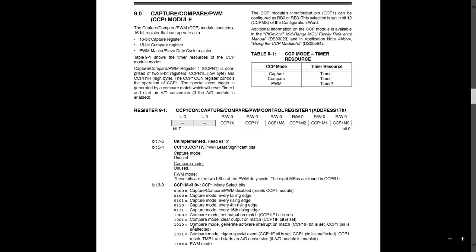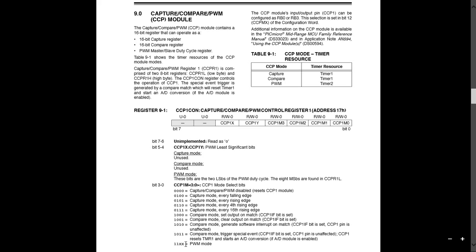Looking at the bottom of this CCP1CON, the control register for the capture, compare and PWM module, the bottom 4 bits from bit 3 down to bit 0: to put it into PWM mode, we say 1 1 and then XX.